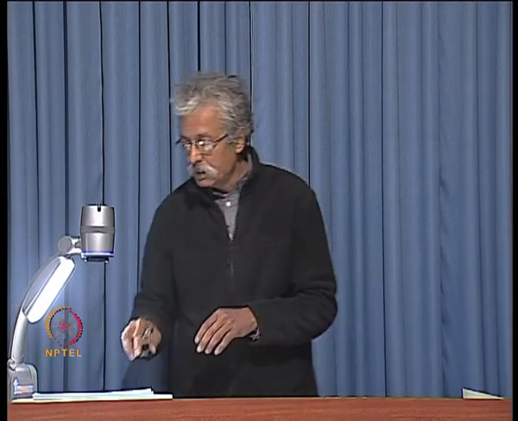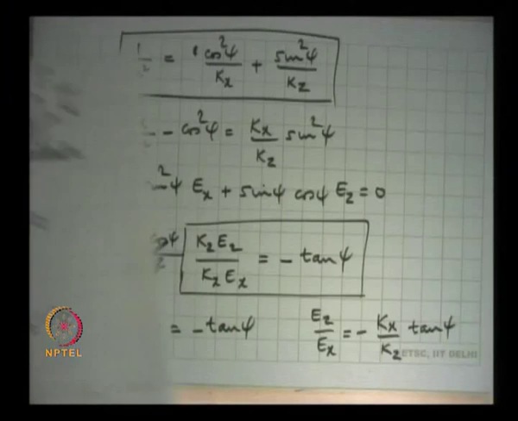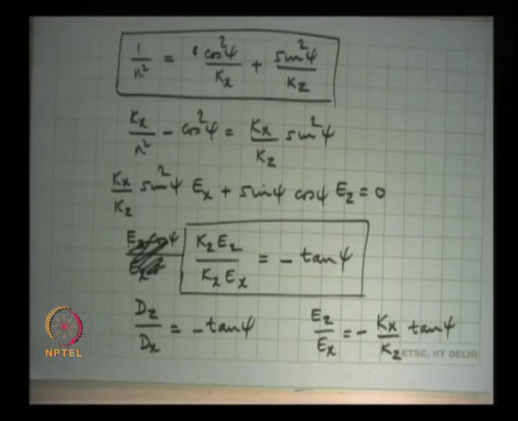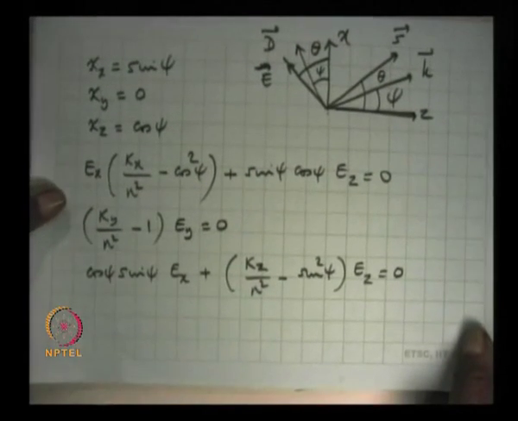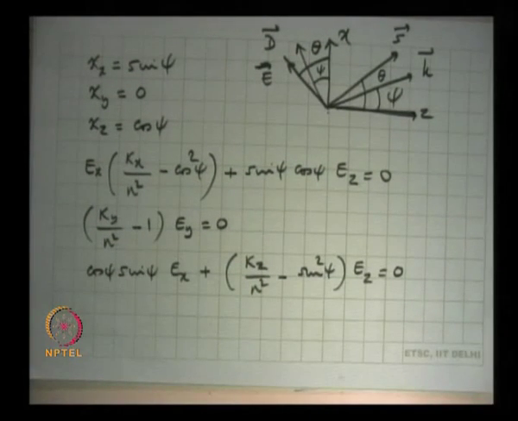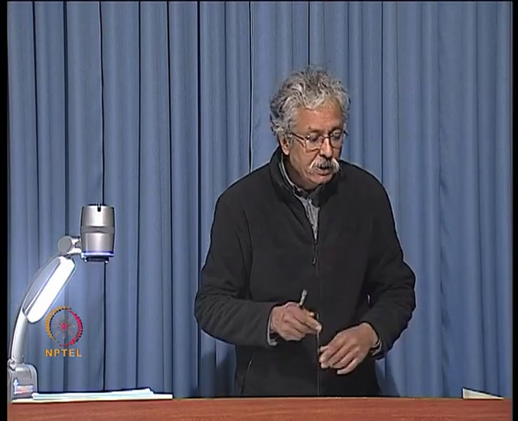Please recall, uniaxial means kx is equal to ky is not equal to kz. Because of the symmetry between x and y directions, if you give me an arbitrary direction of propagation, I will always orient my x axis such that my propagation direction lies in the xz plane. Please remember, in uniaxial media x and y are symmetric completely because kx is equal to ky.